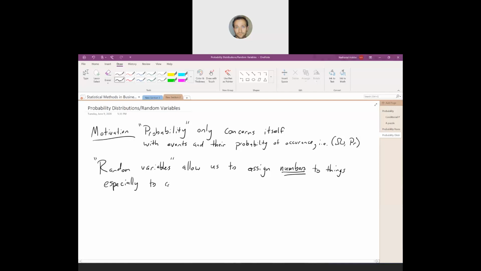Especially to compute averages, variance, etc. Averages is a big one, for hopefully some reasons we'll be able to touch on.